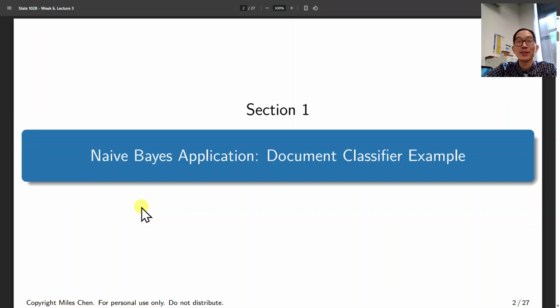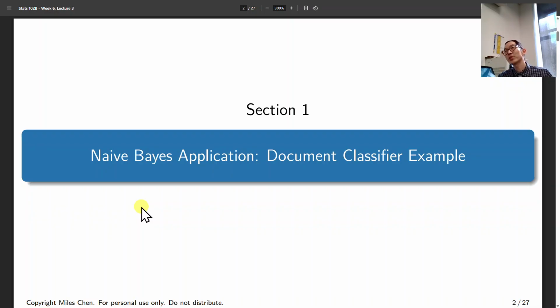You don't have to worry about these specific applications appearing on the midterm exam, okay? You should know up to Wednesday's lecture about the naive Bayes classifier, the concepts and how that works. But as far as these specific examples, you don't have to worry about it for the midterm.